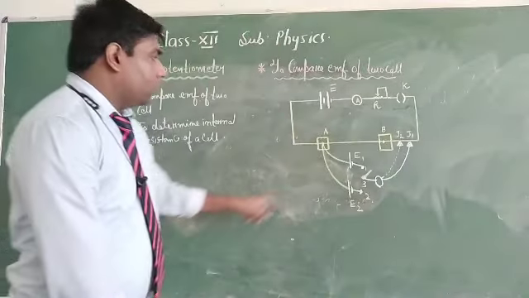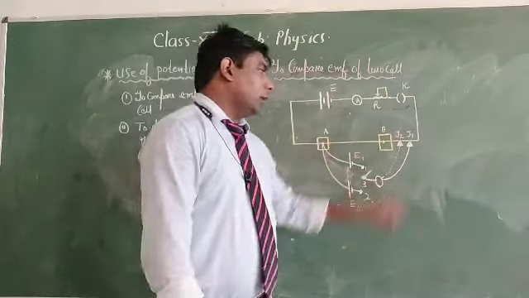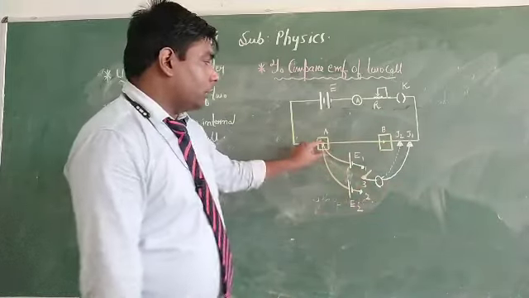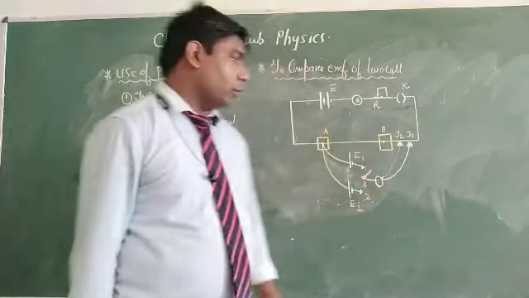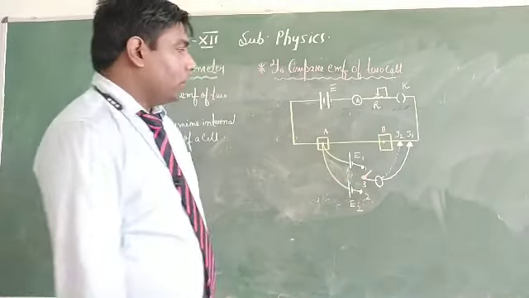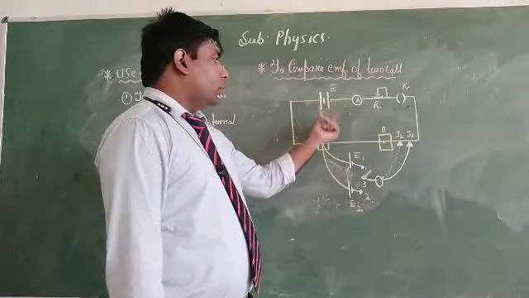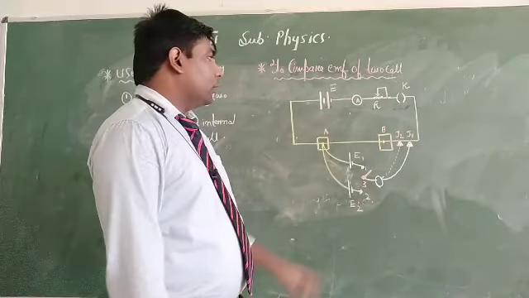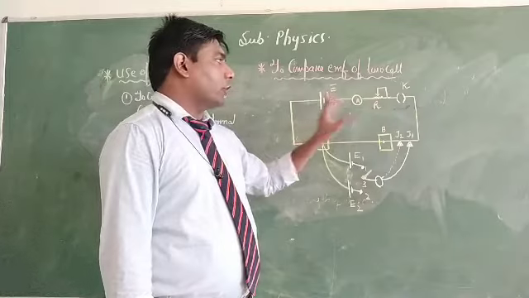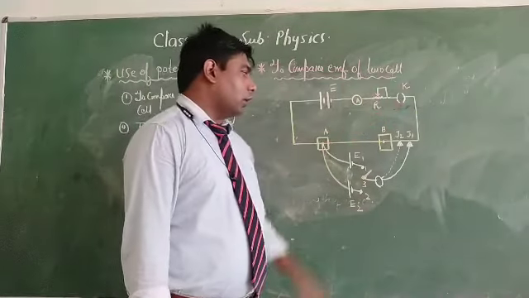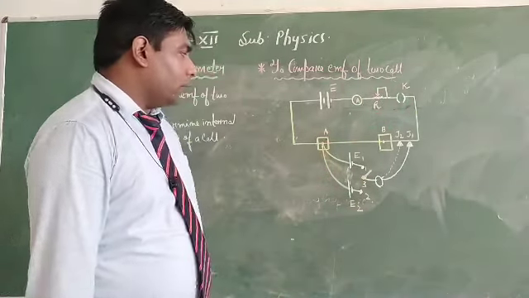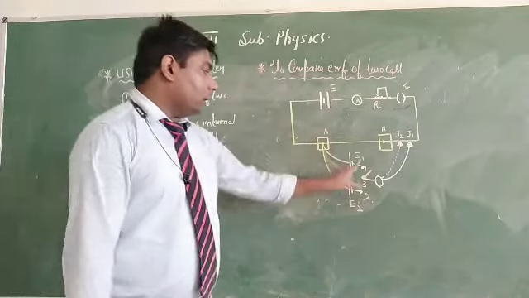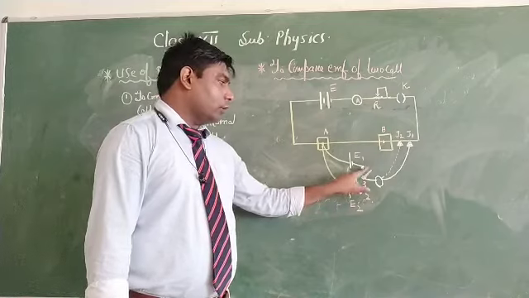The wire is connected between A and B; the length of wire is very large, but generally we show only one wire, A and B. Then a battery E is connected through an ammeter, resistance R and key. At terminal A, we are connecting two cells E1 and E2.